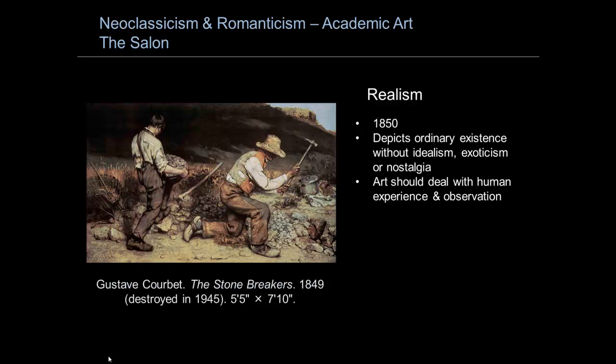Courbet was an anarchist, and so he was against the government. He believed that it was very oppressive and served the wealthy, and so it would make sense that he would also be against academic art. He was in many associations to bring forth art and the government. And so in 1855, he actually started practicing what he was preaching.